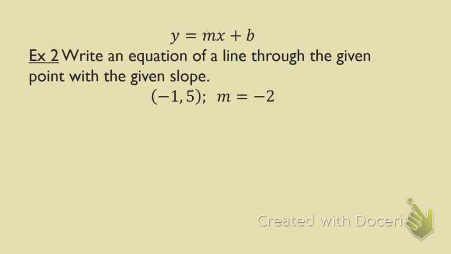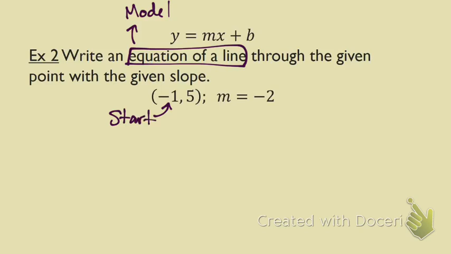So what if I want the equation of a line? So this equation of a line, that means model. So what would our model look like? An X and a Y should be in that. And then let's say you're given a situation where something started with -1 and something ended with 5.